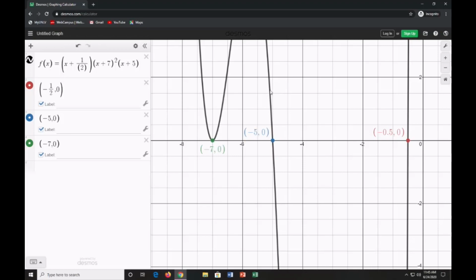When I say what happens to the value of the function, let me rephrase that. What happens to the algebraic sign of the value of the function along this graph, before and after it hits this x-intercept? If we're up here, above the x-axis, is the algebraic sign of the value of the function positive or negative?